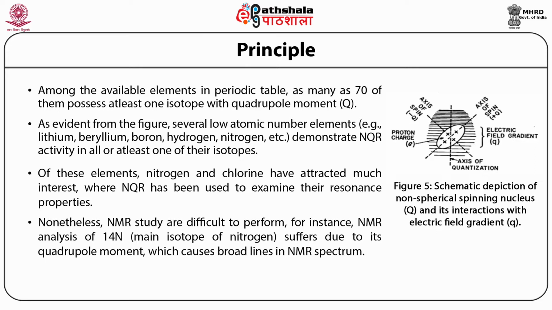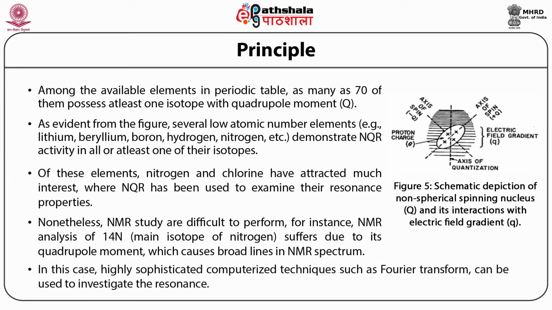However, it is only 0.4% in nature, making the resonance rather difficult to detect. In this case, highly sophisticated computerized techniques such as Fourier transformation are used to investigate the resonance.